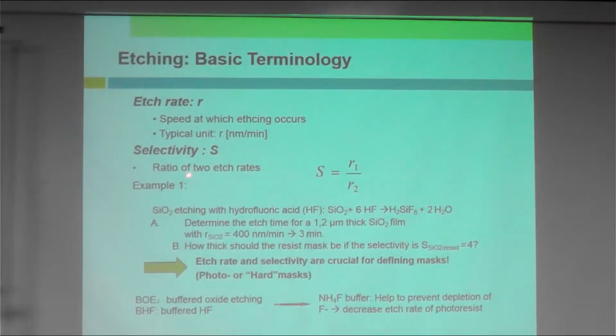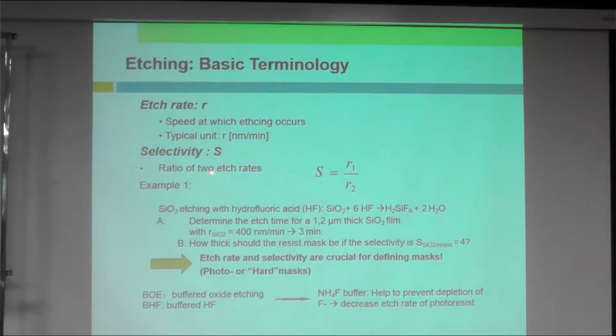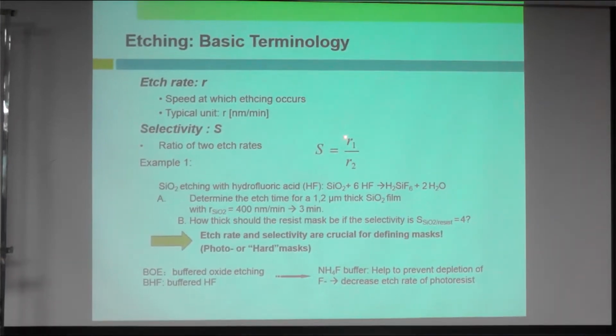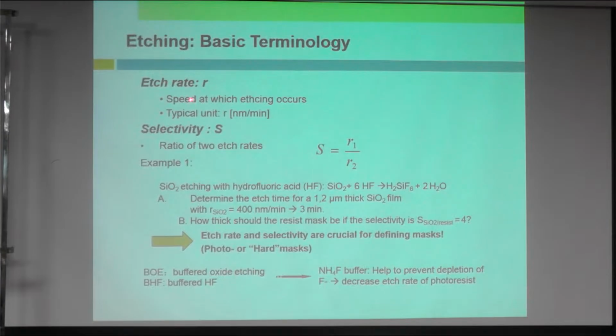And selectivity is a ratio of two etch rates. So for example, you have one material with an etching rate of R1 and some other material with etching rate of R2. So now, let's say here in this case of silicon dioxide, etching with hydrofluoric acid.